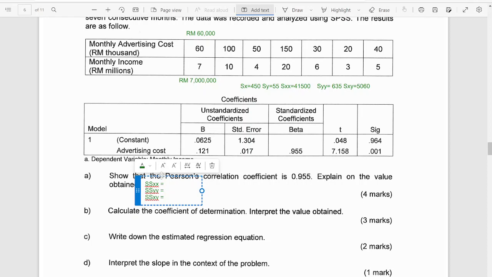So you get this to be equal to 12571.42857. Okay, so that is for the first one.